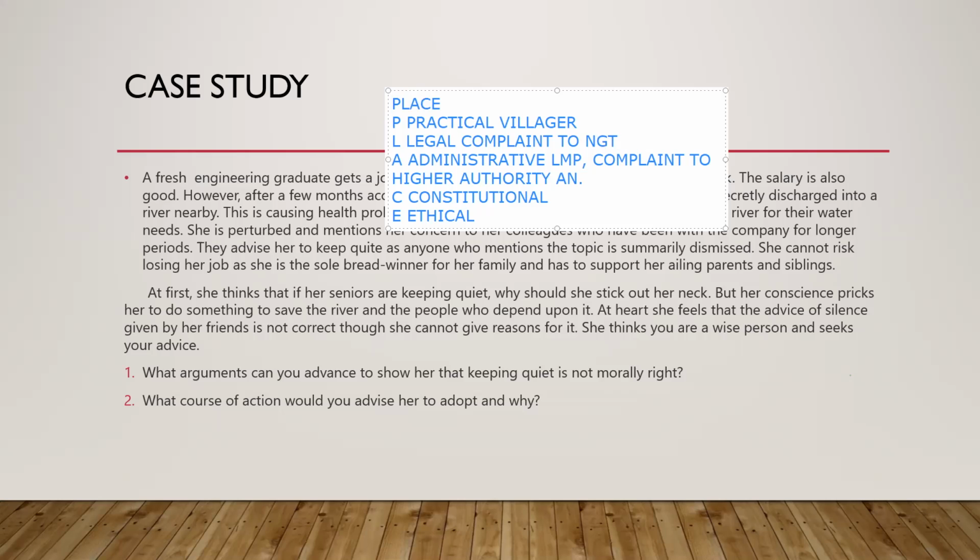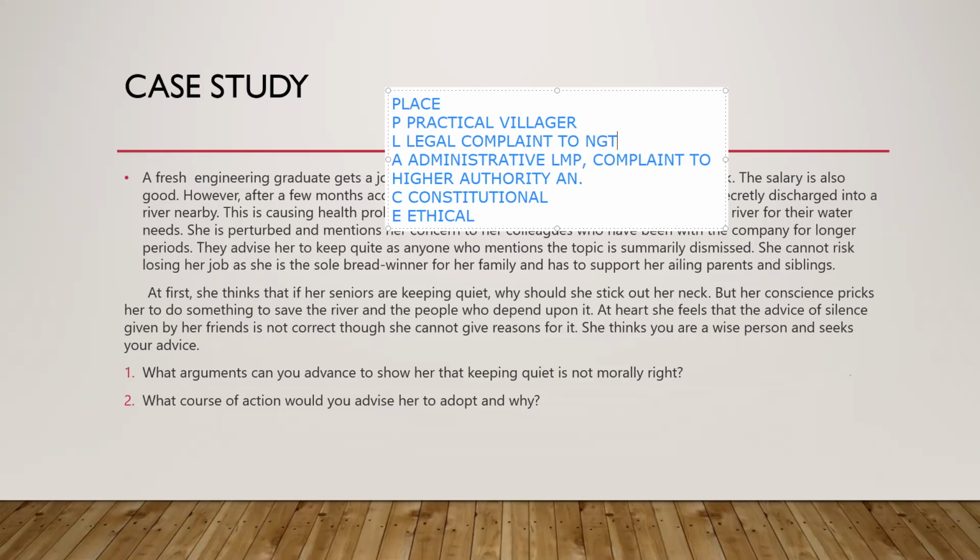So don't think that okay, it is legal so it cannot be practical. It is just five-point strategy headings under which you can think. Are you getting it? It makes your life easier.